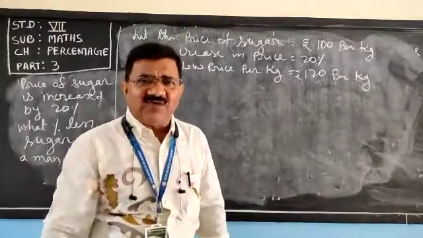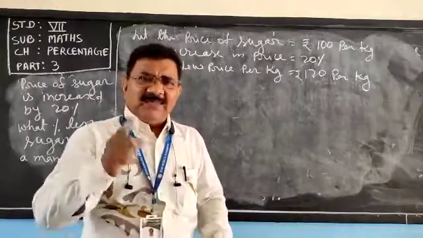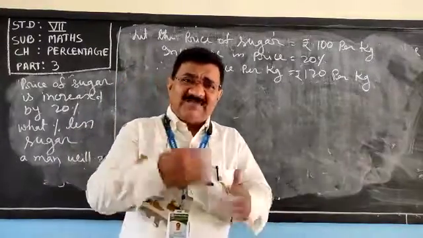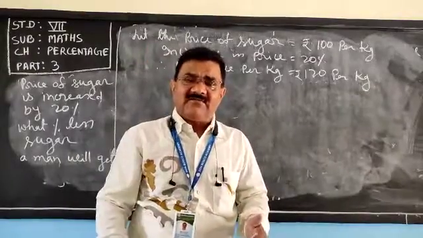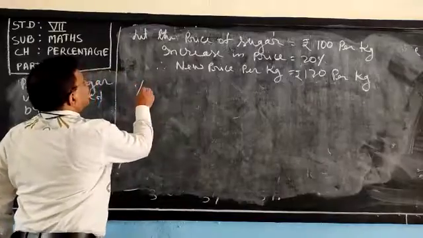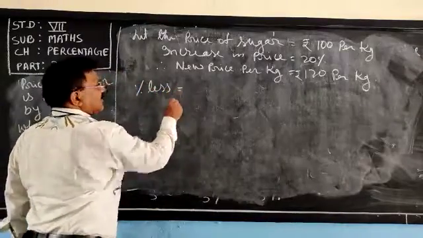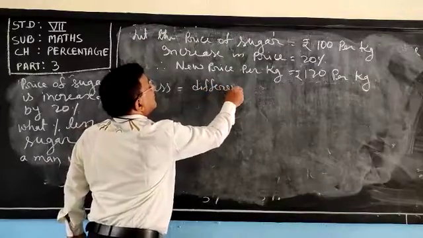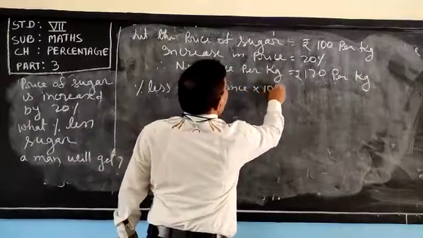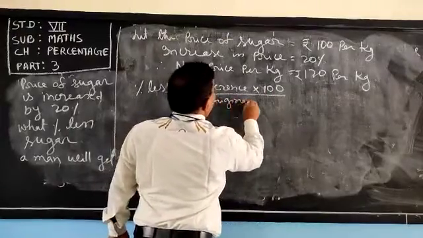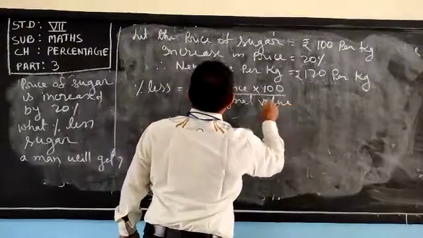And how much money have you got? 100. Means in 100 rupees, what amount of sugar will you get? What percentage less sugar will you get? Apply that formula. Percentage less is difference into 100 by original value.